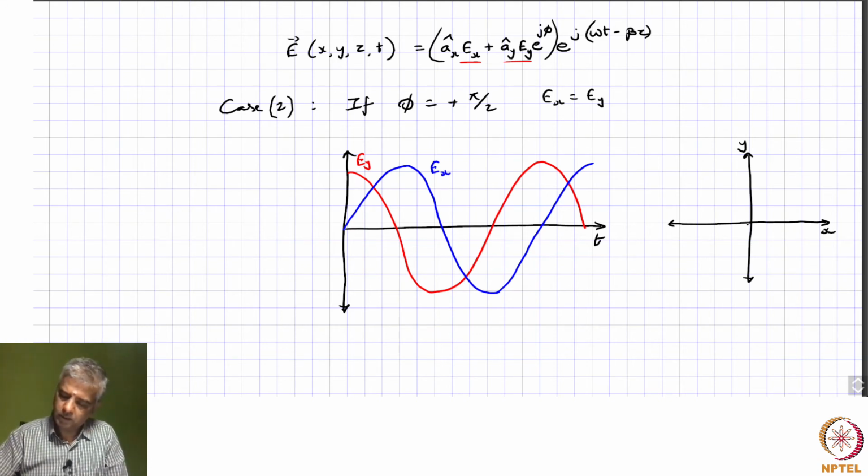Because in this case Ex is this component, and then Ey would be lagging Ex, so Ey would replace the blue curve here, and so it goes like this, and then it goes like this, and then it goes like this.